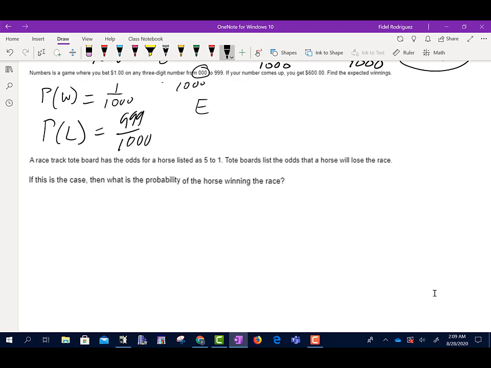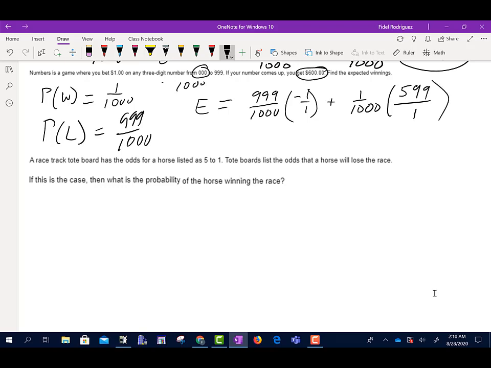So let's see if we can find our expected value. The probability that I am going to lose is 999 out of 1,000. Okay, I'm betting $1. So if I lose, I lose the dollar that I had. Now the probability that we said we're going to win is 1 out of 1,000, and if we win, we get $600. But because we really spent that dollar to begin with, we're really only making $599, right?